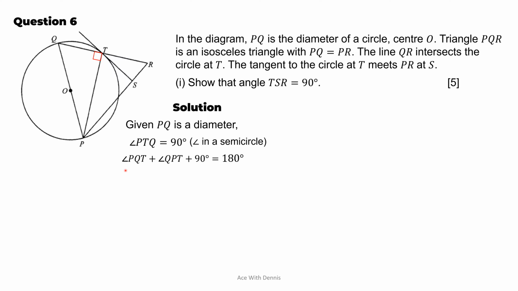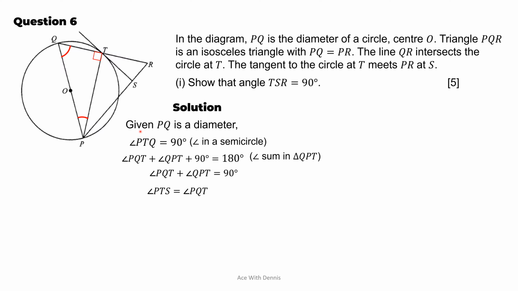Next, angle PQT plus angle QPT plus 90 equals 180 degrees, which is the angle sum in triangle QPT. So angle PQT plus angle QPT equals 90 degrees.